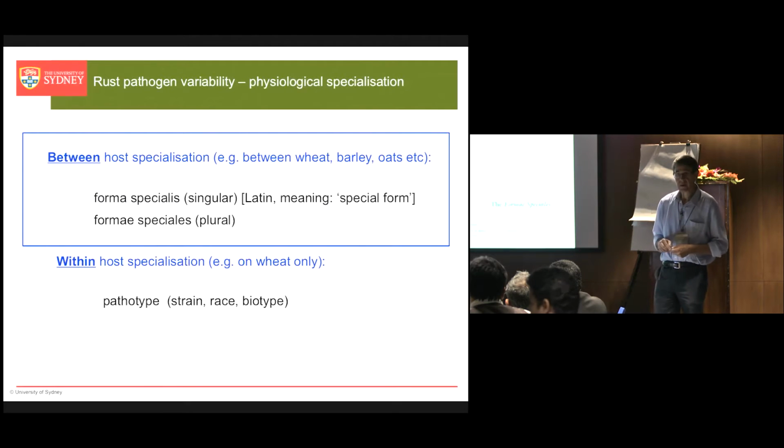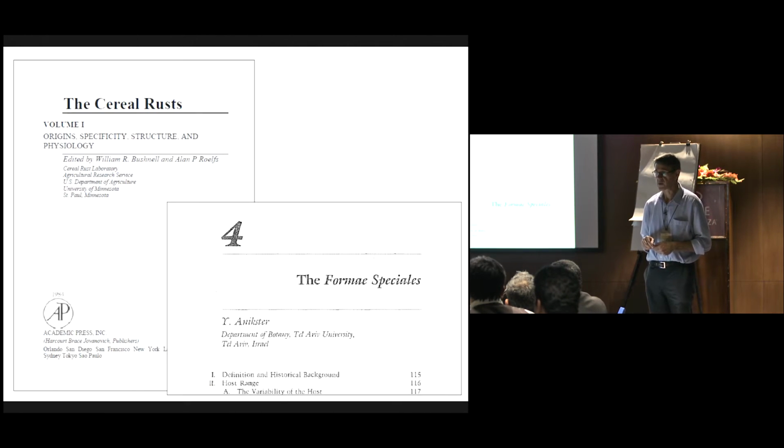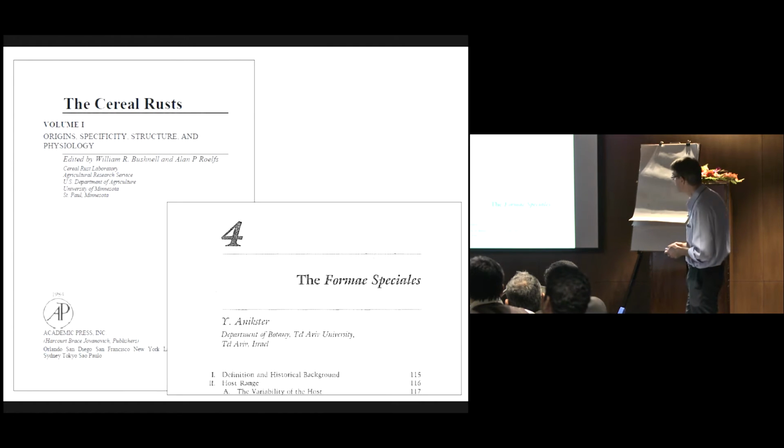If you want to read about this, there's a very nice two-volume book that was published way back in the mid-1980s by Alan Roelfs and Bill Bushnell in America called The Cereal Rusts. In Volume 1, there's a chapter, Chapter 4, written by Dr. Anikster in Israel on the formae speciales of rust.